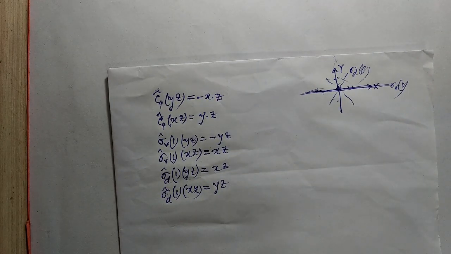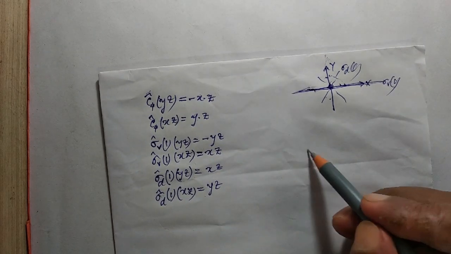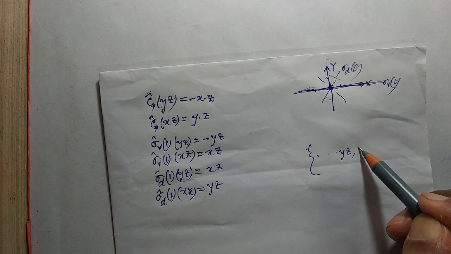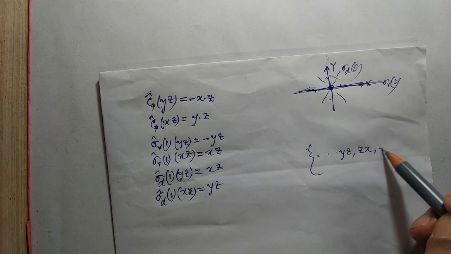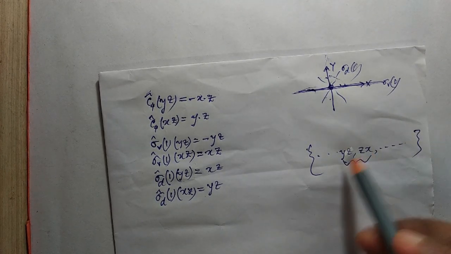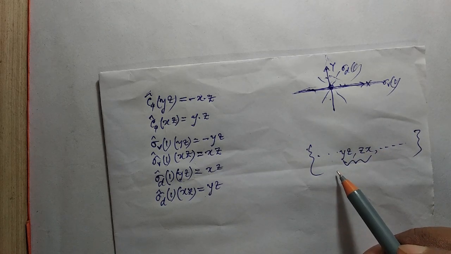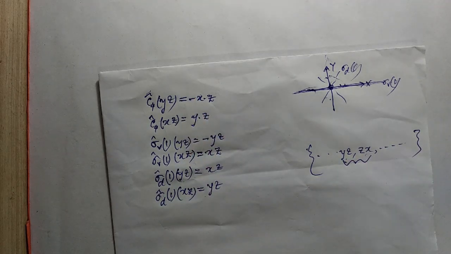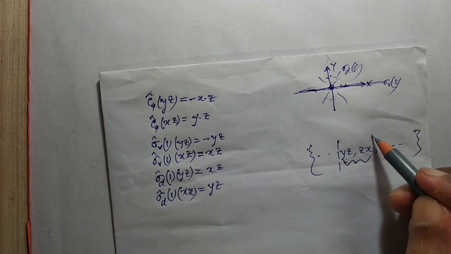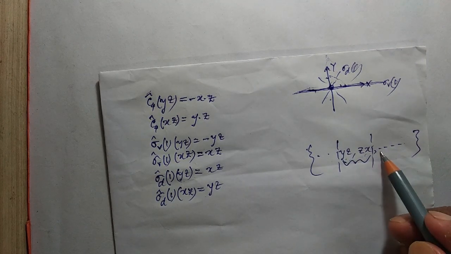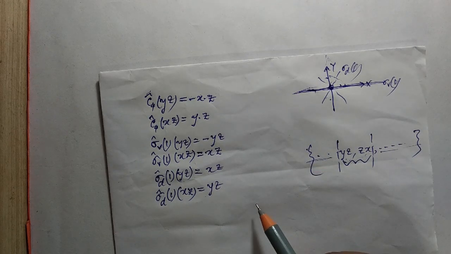We thus see that in the basis set yz, zx, these two functions are operating together. They are coupled together under the action of all these symmetry operators. So we get a partition like this. They will not mix with the other functions of the basis set.